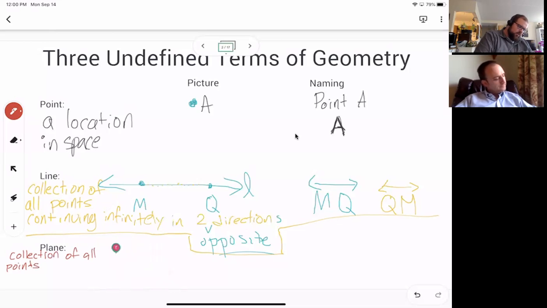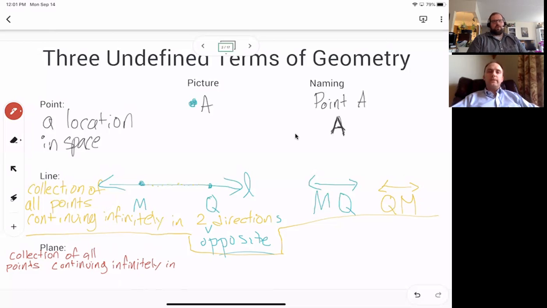So we've got a collection of all points continuing infinitely. And how do we want to say this? Because we said the other one in two opposite directions. Could we say in two dimensions instead? Is that too heavy a math word?